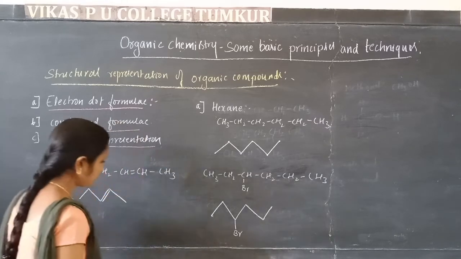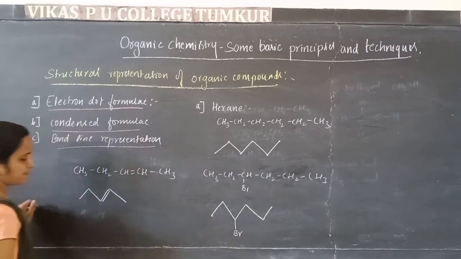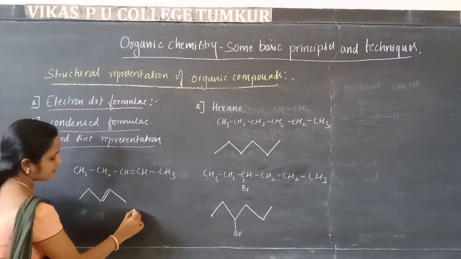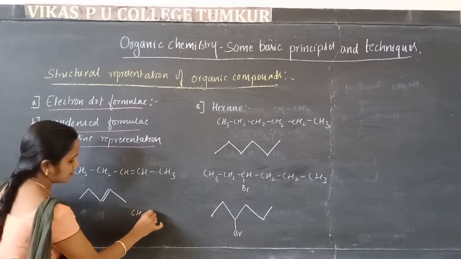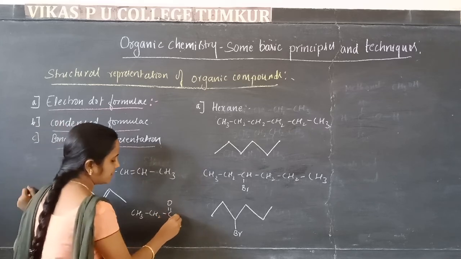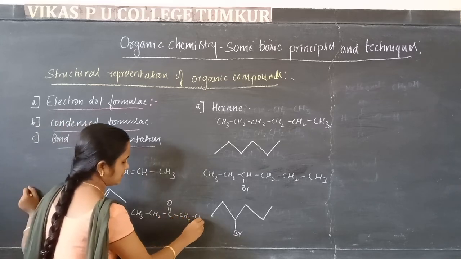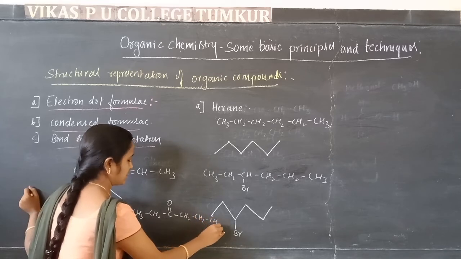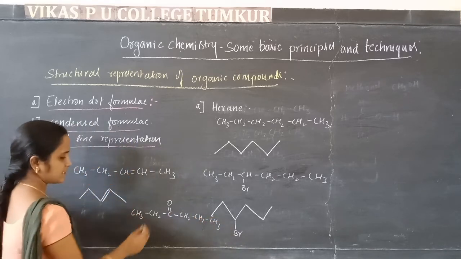Suppose another example. We will take another example. That is CH3, CH2, C double bond O, then CH2, CH2, CH3. Number of carbon atoms, 6 again.